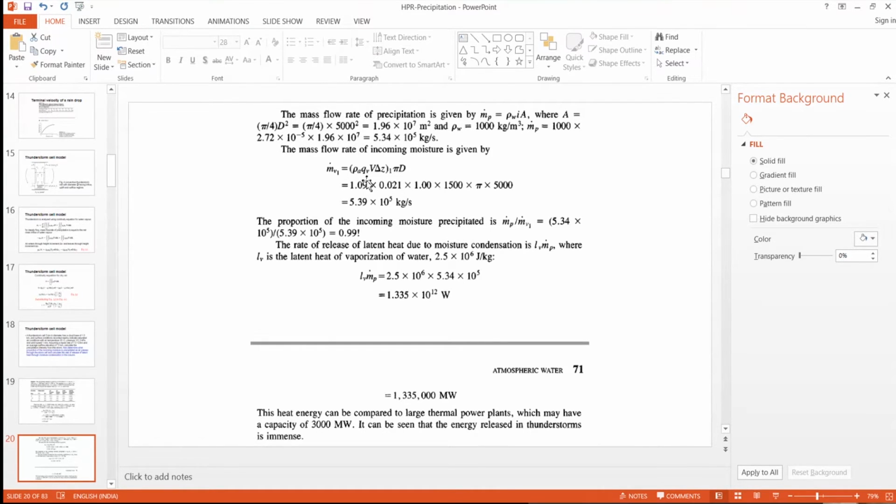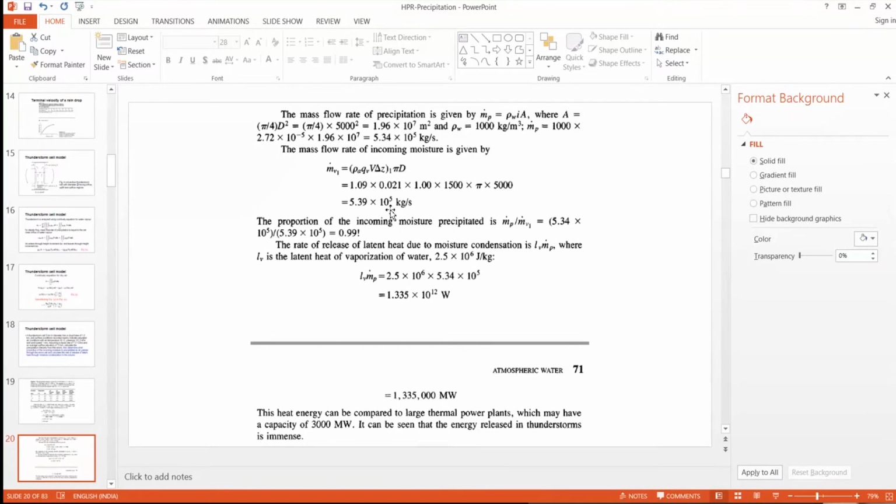When we substitute, we know in the inflow region what is the QV and rho A, and the wind velocity is given as 1 meter per second. So when we substitute all these quantities, we'll get the inflow rate of mass of water vapor, that is 5.39 into 10 power 5 kg per second.